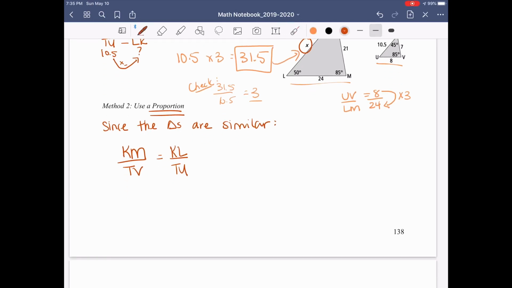So let's plug in what we know. We know that side KM is 21 and side TV is 7. KL is unknown, so I'm going to put it as X, and side TU is 10.5. So now it's just a classic case of cross multiply and divide, or you can try to figure out what the proportion is again.